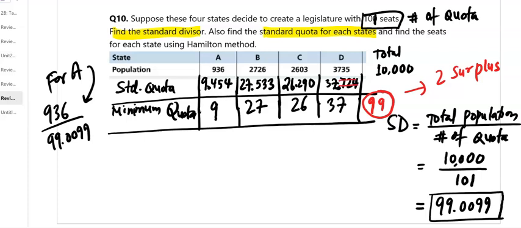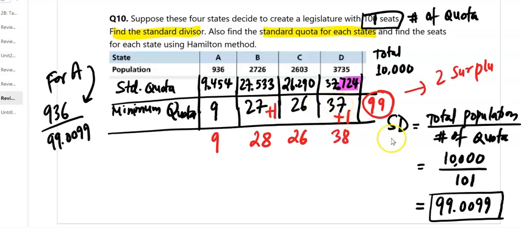That's the largest one. Let me just highlight that. So state D gets 1 more seat. You add +1 to state D's quota. Now the second largest is B, which is 0.53, and you add +1 for B. So now A got 9, B got 28, C got 26, and D got 38.